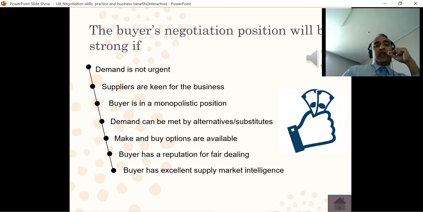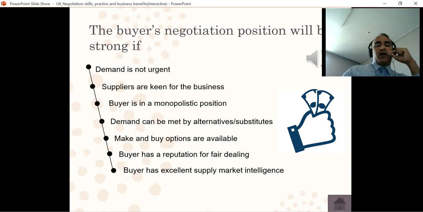So you may even cut a lot of your profits as a supplier in order to work with that large buyer. Buyer is in a monopolistic position. If you don't buy from me, there's no one to buy, so I'll set the price that I want. Right? There's also substitutes. There's other suppliers, or there's other products that can be used instead of that.